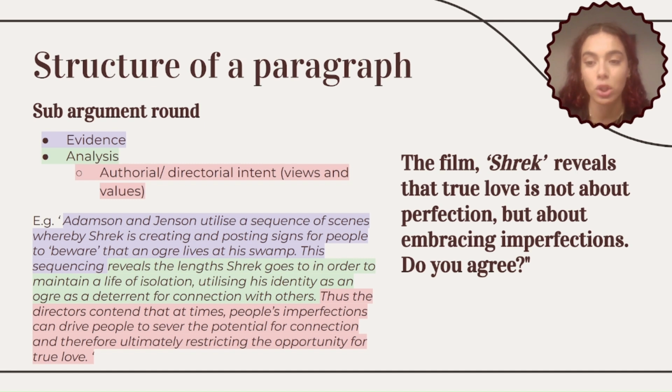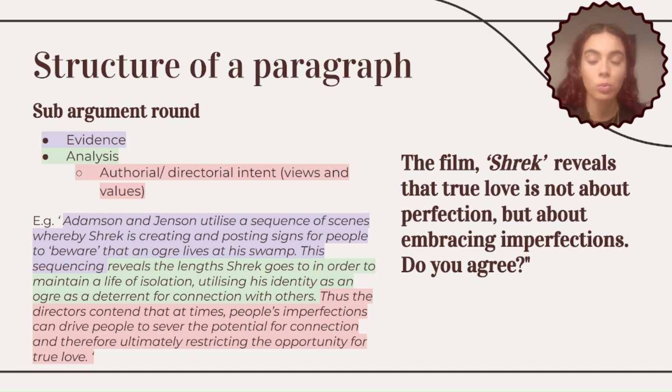That is relevant because he's using that to be isolated from other people. Okay, so that is the evidence part, and then we say what that reveals. Remember, it is about truly loving oneself. To be able to truly love oneself, we must embrace our own imperfections. All right, so he's using this imperfection of his ogre identity as a deterrent for connection with other people.